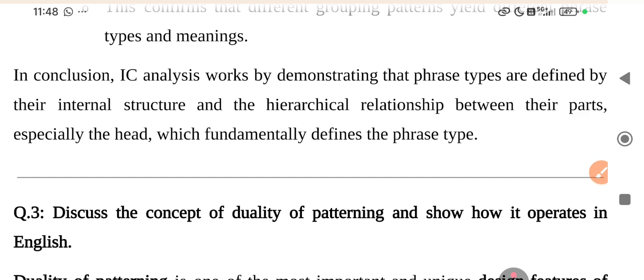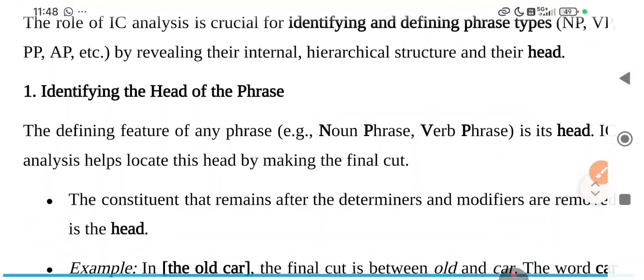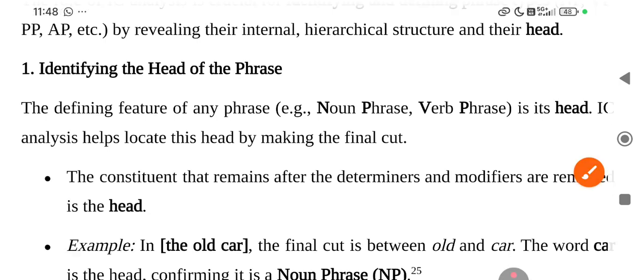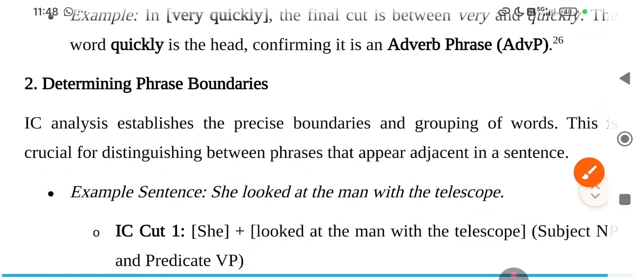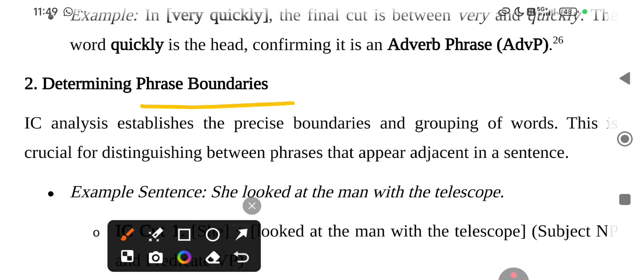Especially the head, which fundamentally defines the phrase type. So here are three things we should keep in mind. First is identifying the head of the phrase when we do IC analysis. Number two, determining phrase boundaries. Then what is the phrase and how many words come in one phrase.